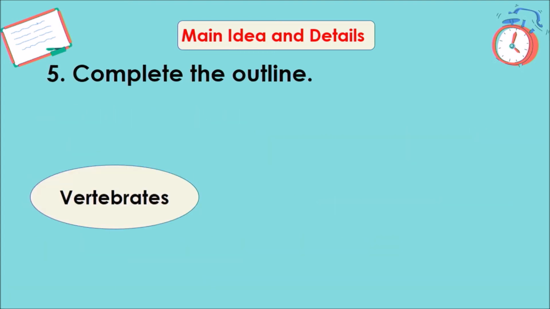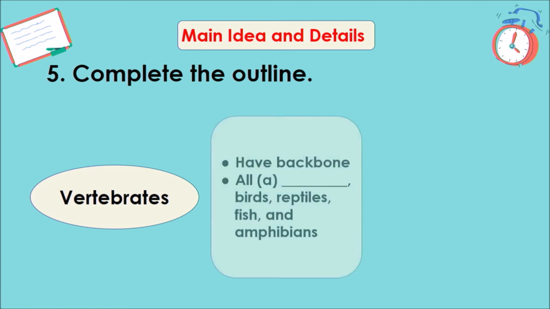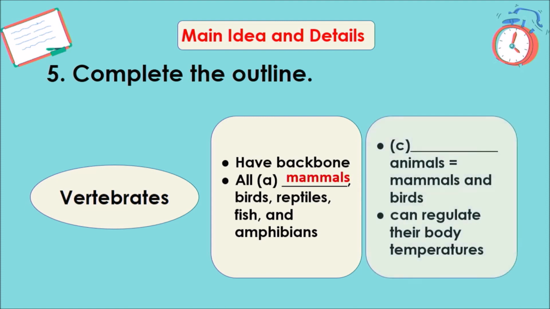Now, main idea and details, complete the outline. In question number 5, we have vertebrates. These are the clues. Vertebrates have backbone. All mammals, birds, reptiles, fish, and amphibians. Letter C. Warm-blooded animals include mammals and birds. They can regulate their body temperatures.